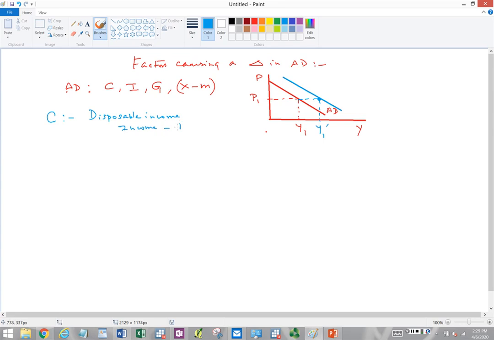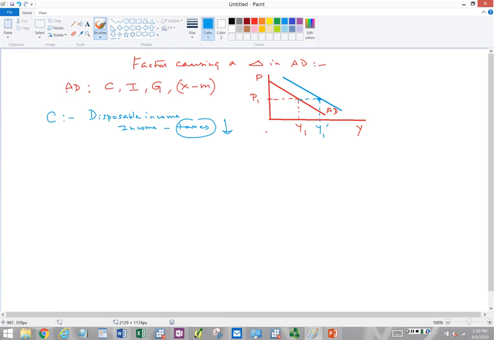So this, of course, means that if the government were to lower taxes, that would leave households with more disposable income with which to go shopping. And that would then raise household consumption spending at the same price level as before, causing the aggregate demand curve to shift to the right. Right? So current disposable income.